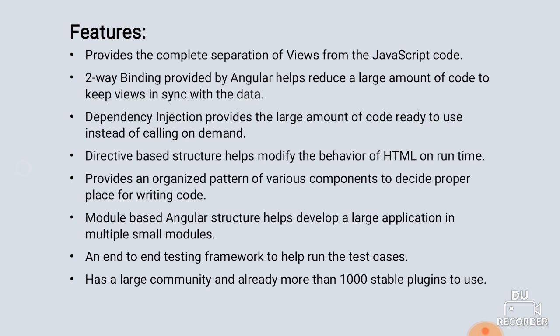So all this is readily done by the Angular framework for you, and you just have to inject a dependency and use it the way you want. Then Angular provides directives to extend the HTML behavior, all that we are going to see in detail.